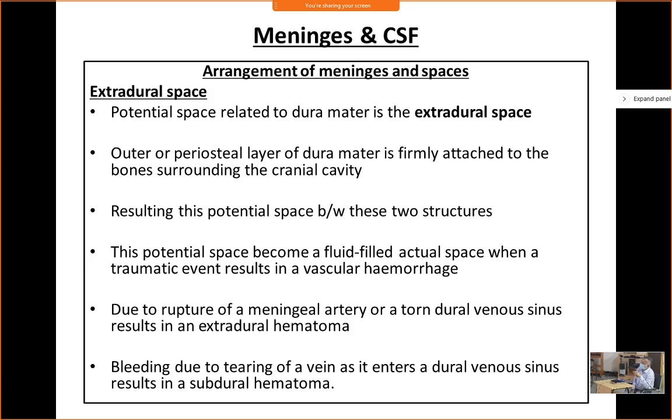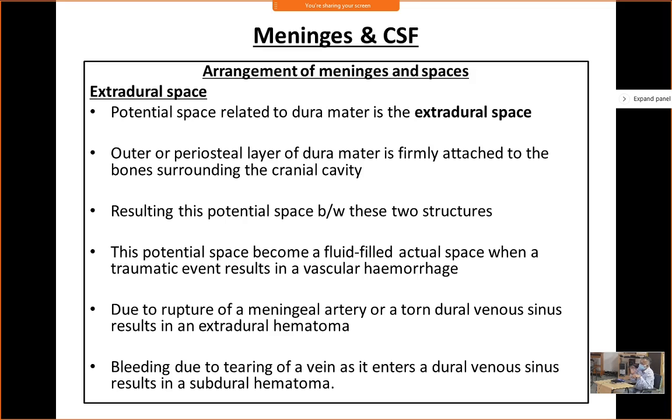The outer or periosteal layer of the dura mater is firmly attached to the bones surrounding the cranial cavity. As a result, there is a potential space between these two structures, and this potential space can become fluid filled.